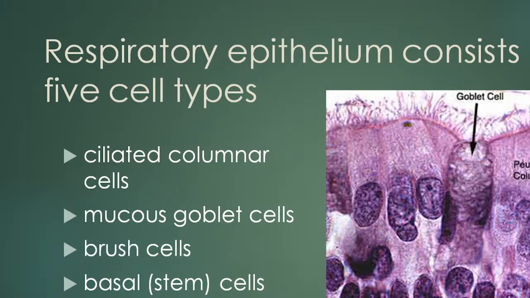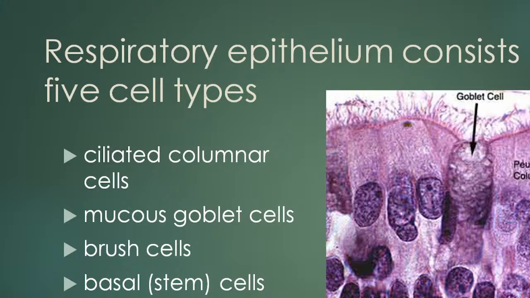And the basal surface of brush cells is in contact with afferent nerve endings. Thus, brush cells are regarded as receptor cells. We can't see them on this picture.